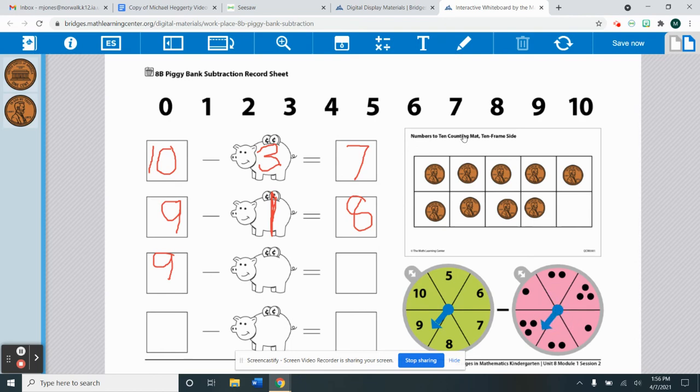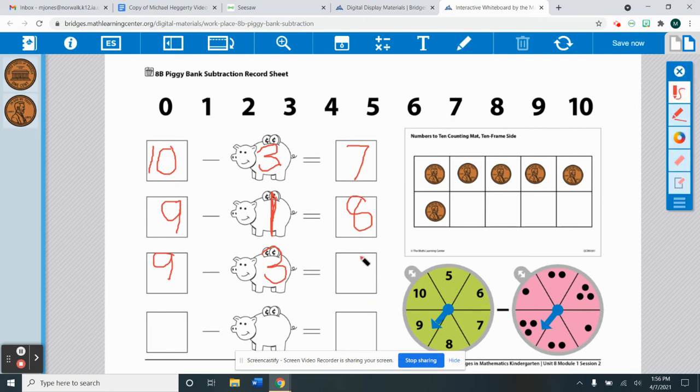And I'm going to take away 3. So I'm going to write 3. So I started with 9. I'm going to count backwards while I take away 3 pennies. So 9, 8, 7, and 6. Now I have 6 pennies left. So 9 minus 3 is 6.